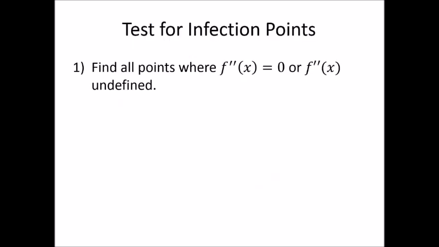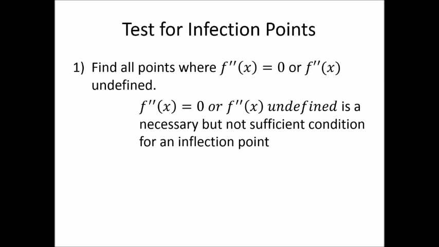Unfortunately, if we want a test for an inflection point, it is not enough to know that the second derivative is 0, or sometimes you can also switch concavity if the second derivative is undefined. So if you're looking for inflection points, you look for all of those places. However, that is a necessary, not a sufficient condition for an inflection point.